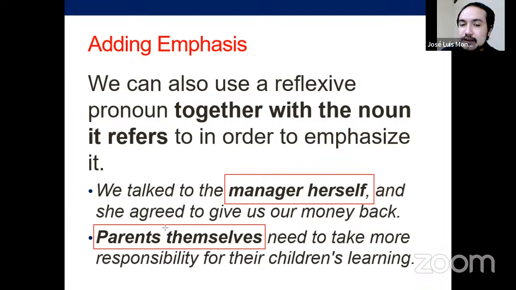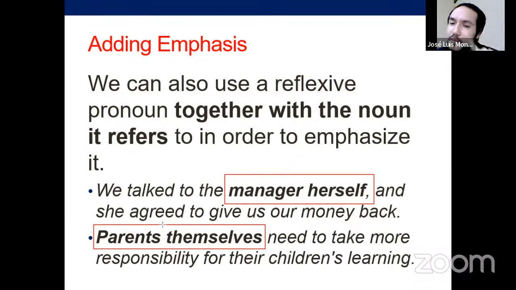Not anybody else, but the parents need to take more responsibility for their children's learning, right? So again, to put emphasis on the noun that is doing or receiving the action, it doesn't matter, but it has to be after a noun, okay? The manager herself, the president himself, the parents themselves, right? My boss himself, and so on and so forth.